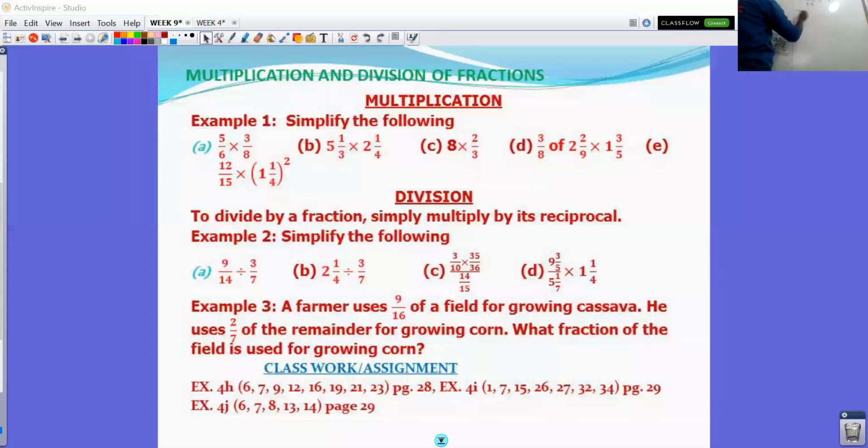Now listen, what we are going to do is this. We are going to write this 1 whole number 1/4 as over 1 so that you do not make a mistake. So at the end of the day, I have 9 whole number 3/5 times 1 whole number 1/4 all over 5 whole number 1/7. Do you have any question about what I have on the board now? If you have any question, you can let me know.